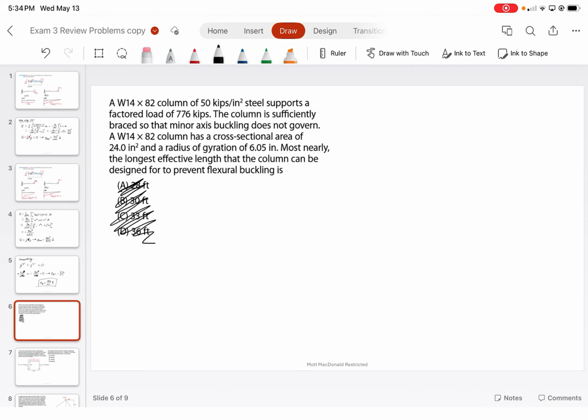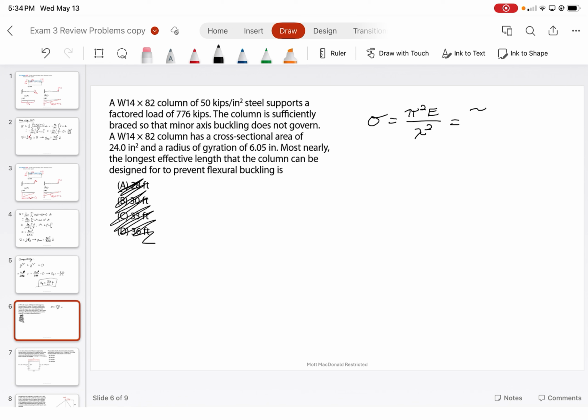So, a few ways you could have done it. You could have just calculated I using the radius squared times the area. The way I did it is I used the equation sigma is equal to pi squared E divided by lambda squared, where lambda is the slenderness ratio, LE divided by r.